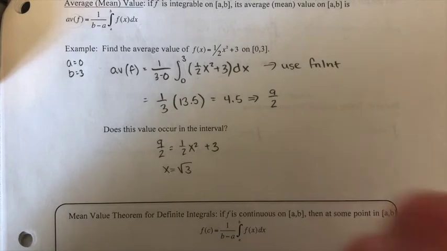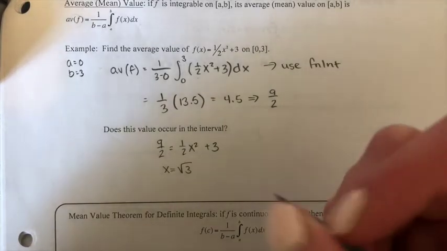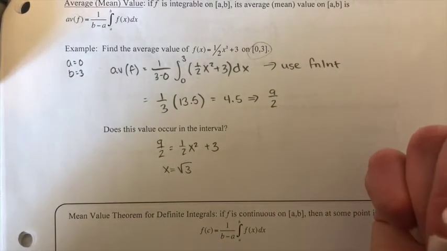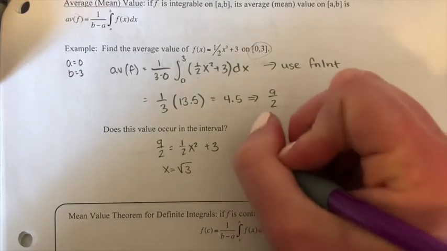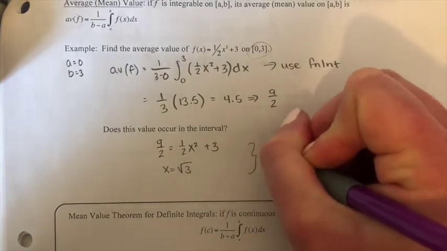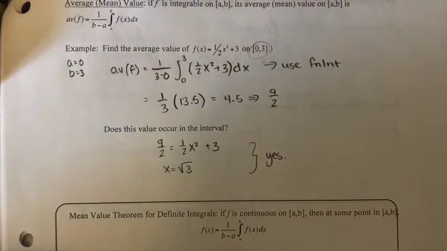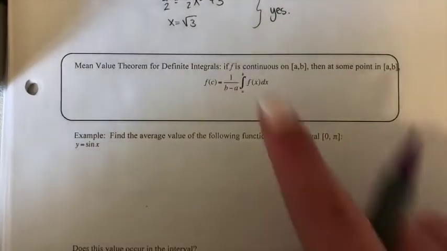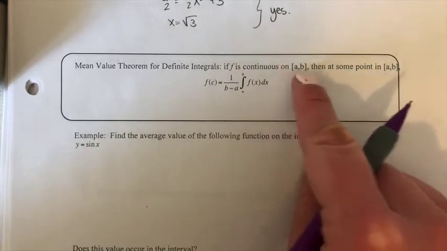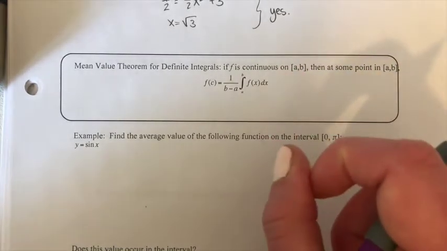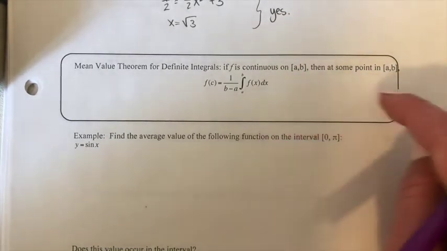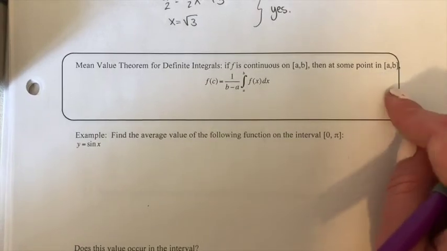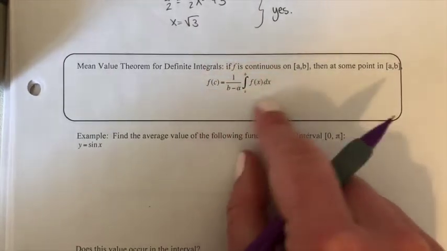It should be positive or negative when we root both sides, but since we're talking about only from 0 to 3, then it's the positive. So this means that yes, it is on that interval. So the mean value theorem for definite integrals says if it's continuous on that part of the function, then at some point in that interval, this is going to be true.